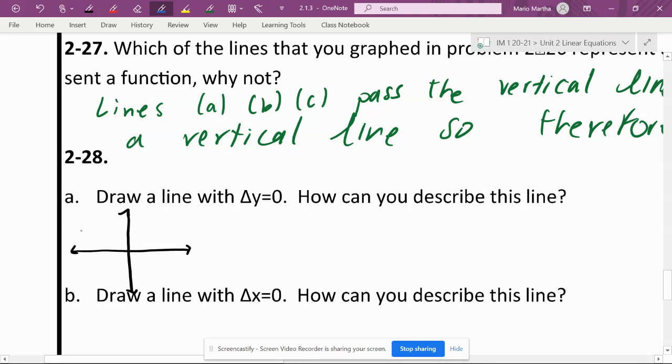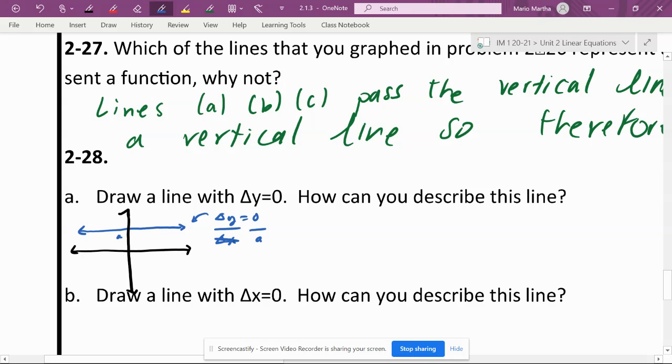So you can draw a horizontal line at any part. At any moment, delta y is equal to 0. And in this case, delta x could be just any value. Let's call that value A. As long as it doesn't get to 0 over 0, then you're good.